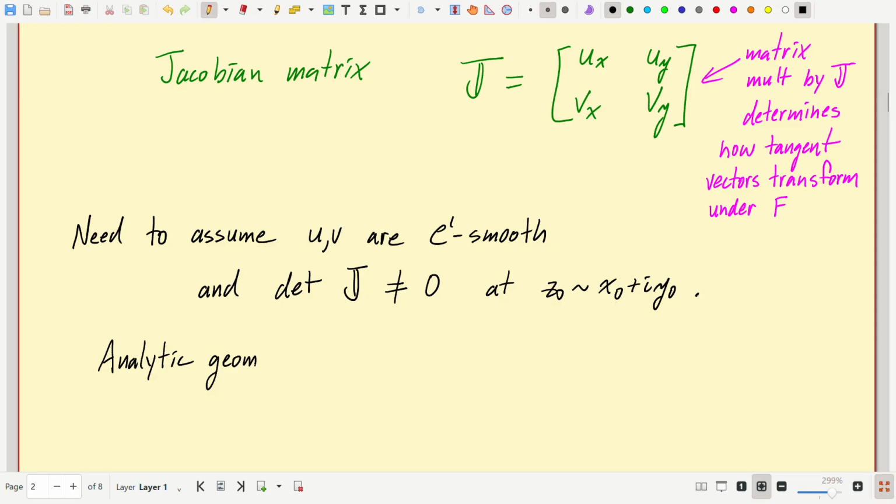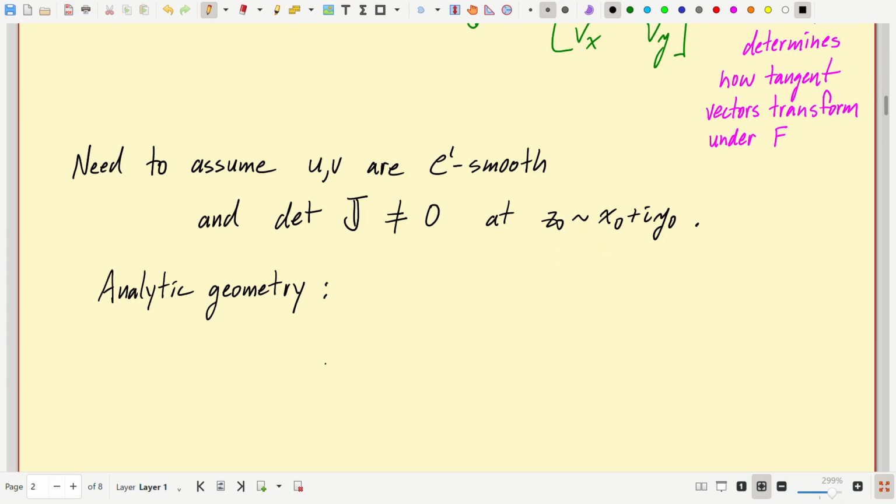So it's elementary analytic geometry, which I'm not going to do because this is not the important direction for us. The important direction is if it's analytic, it's conformal. It's just a nice fact to know that if it's conformal, it's analytic.